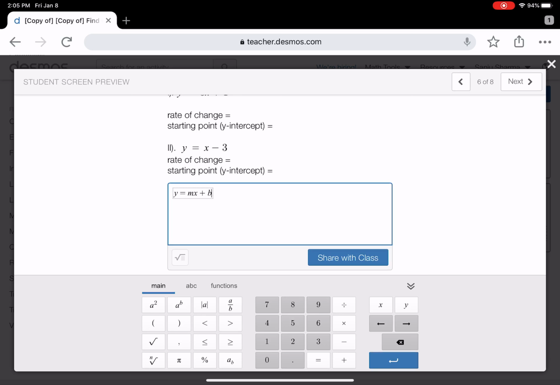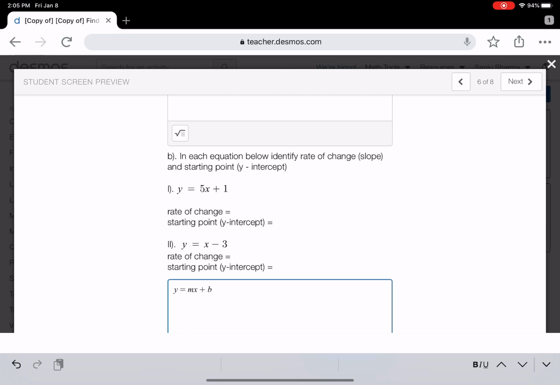That's the slope-intercept form where m is the slope and b is the y-coordinate of the y-intercept. In the first equation, m is the slope, so m is the coefficient of x. In y equals 5x plus 1, the coefficient of x is 5. So our slope is 5. And b is the y-intercept, the constant number, and it's 1.